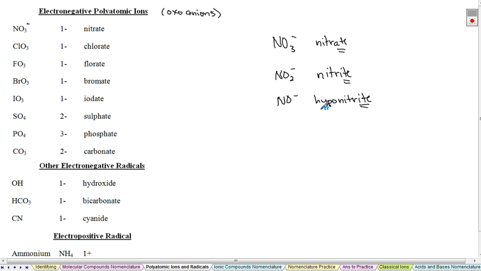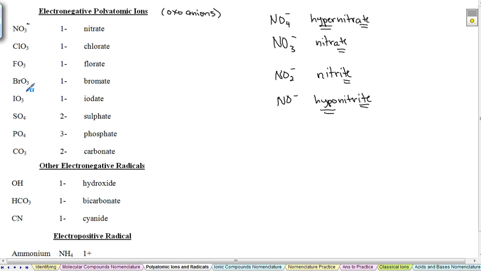Here I would use a prefix hypo and ITE for the ending. Now it's also possible to gain an extra oxygen. Again, charges do not change, but we call this hypernitrate. And so what you will have to try and do is memorize the normal state of oxygens.